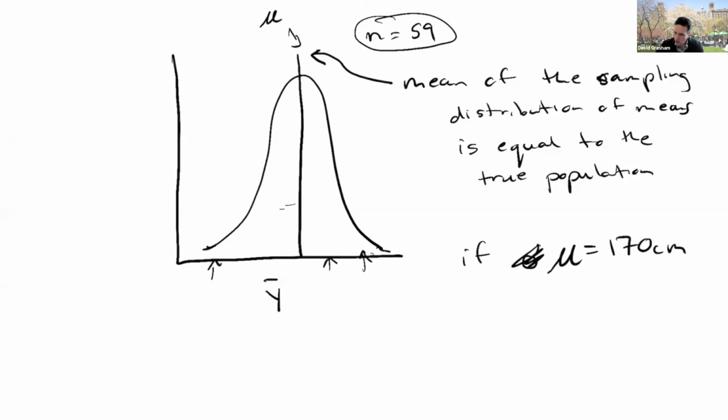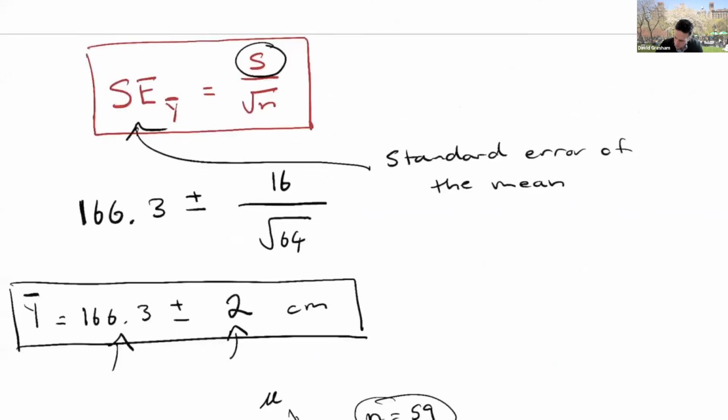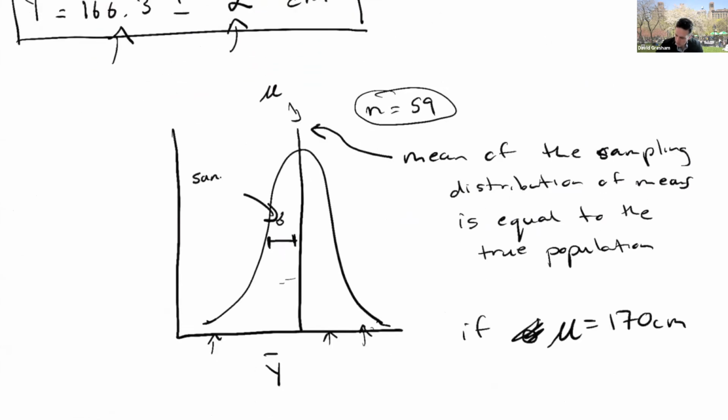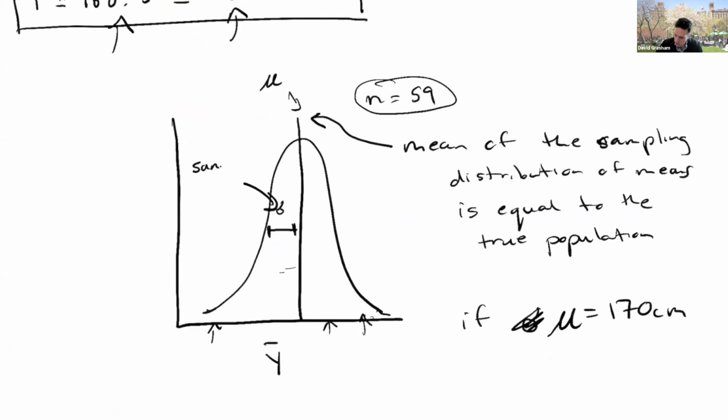But this distribution of sampling means that we have now also has a variance or a standard deviation. And this standard error is an estimate of how much variation there is in this sampling distribution of means.